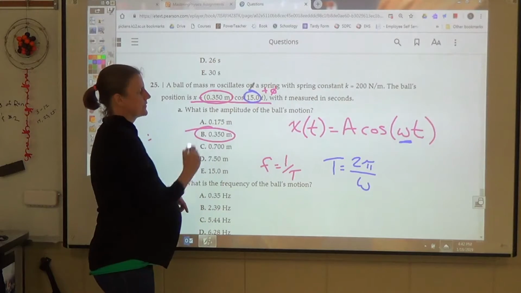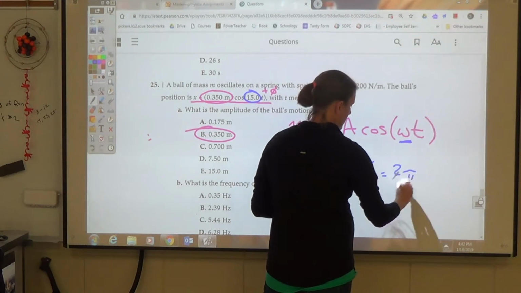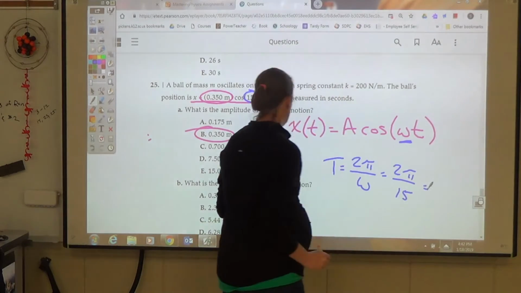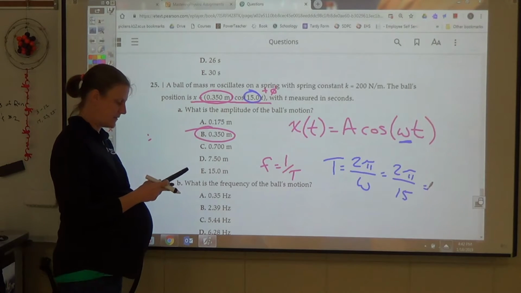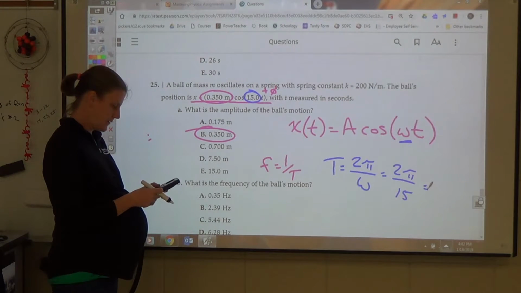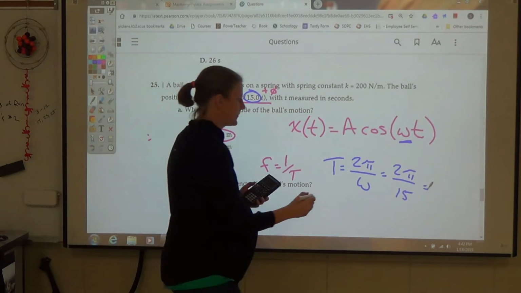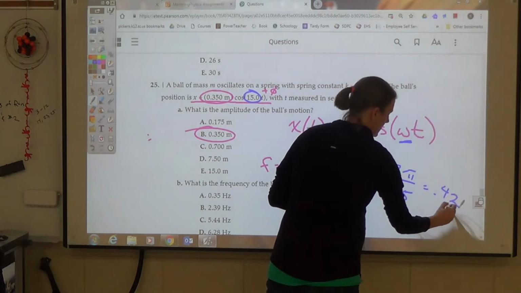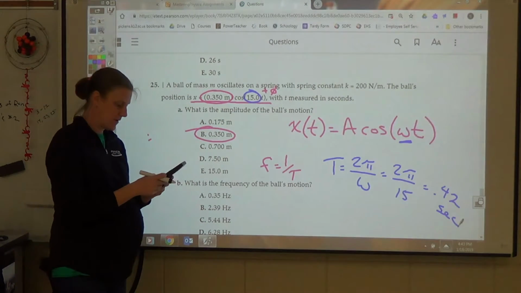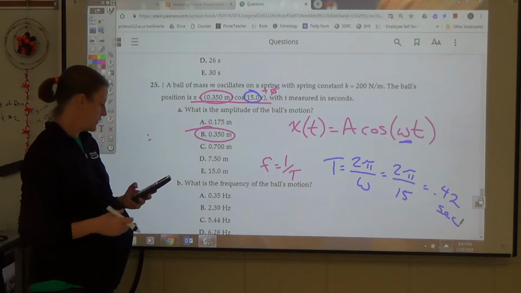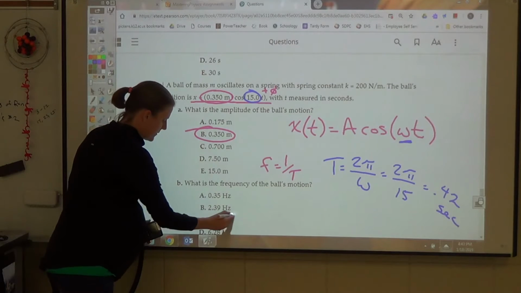So our omega here is 15. So we'll figure out our period. 2 times pi divided by 15 is 0.42. And then 1 divided by 0.42 is 2.38, 2.39. So gotta be B.